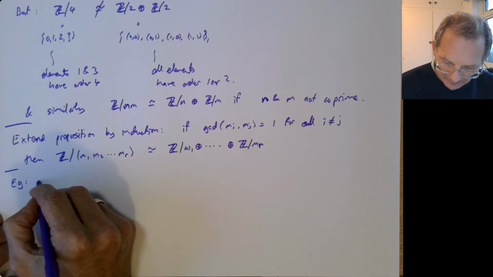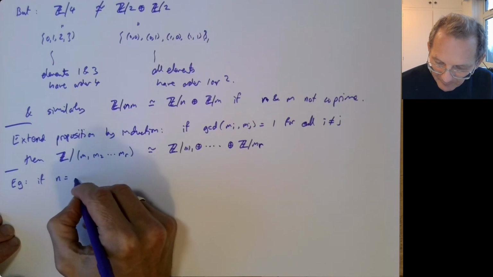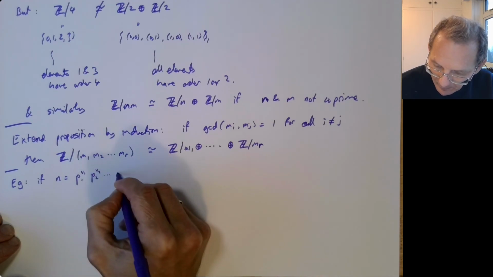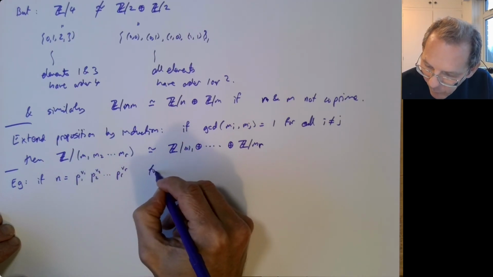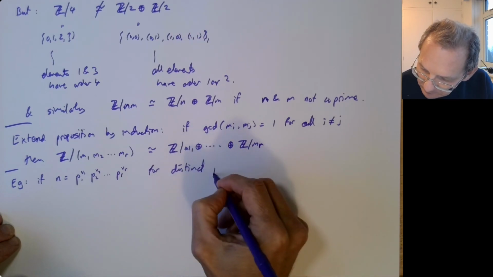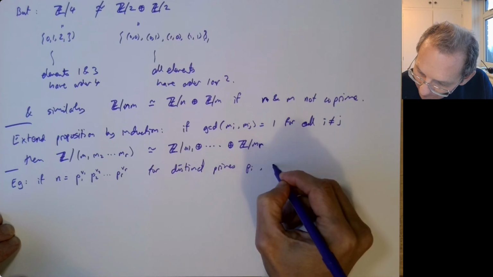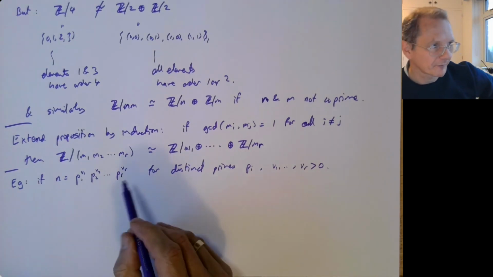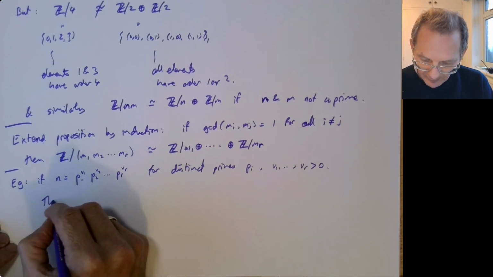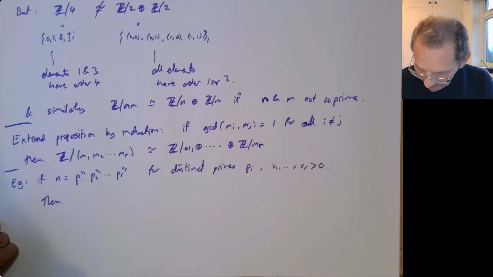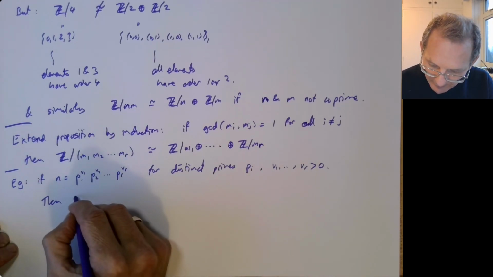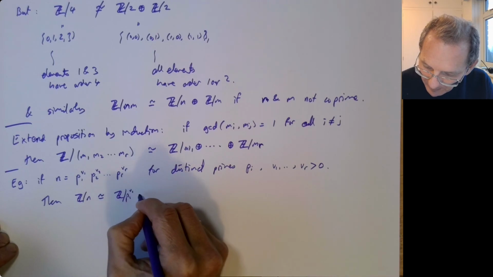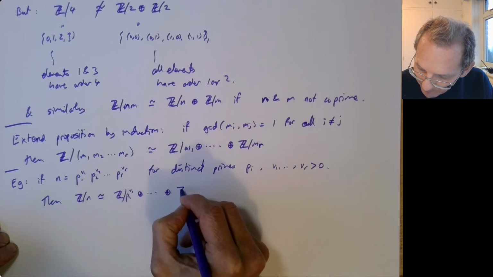So in particular, if we've got a positive integer n, then we can factorize it as a product of powers of primes, and of course each of these individual factors are all co-prime, so you find that Z mod n is isomorphic to Z mod p1 to the v1 plus up to Z mod pr to the vr.